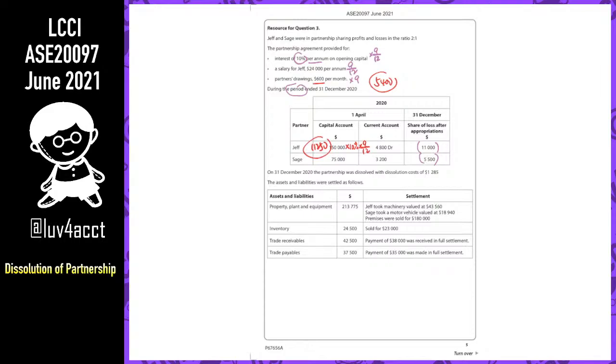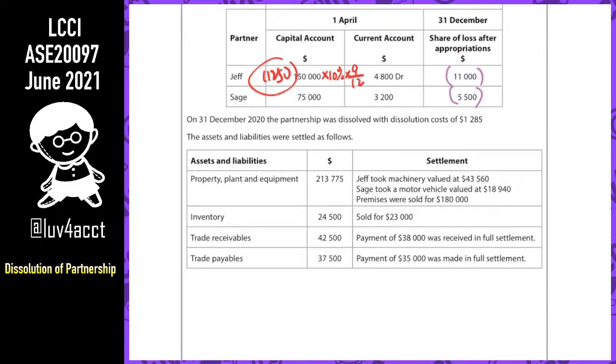And then for the other three, the property, the premises, is also sold, so we receive cash for it. It goes into the bank account. Inventory, also bank account. Trade receivable, also bank account. Amount received: 180,000, 23,000, 38,000.